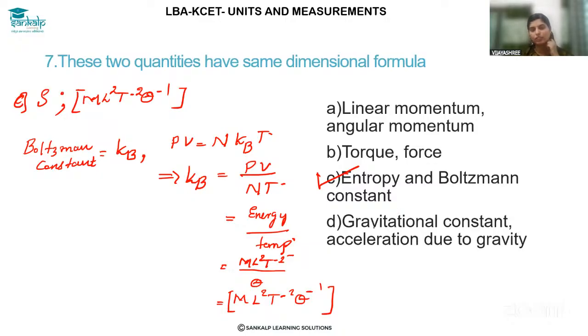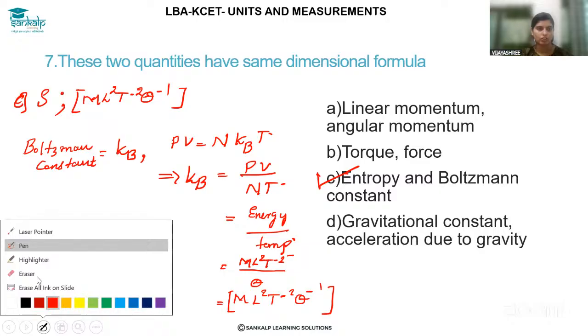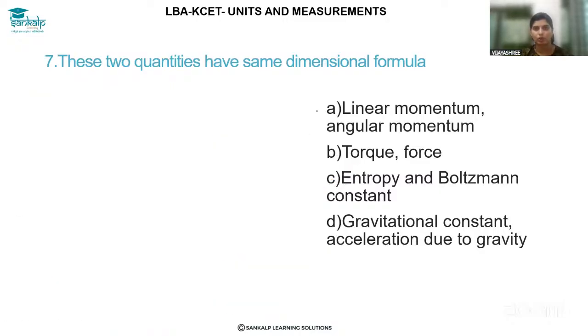Gravitational constant. What is the dimensional formula for the gravitational constant? Let us check option D also. How does the gravitational constant come? Option D. What does the law of gravity say? F is equal to G into the product of the masses of two objects divided by the square of the distance between them.